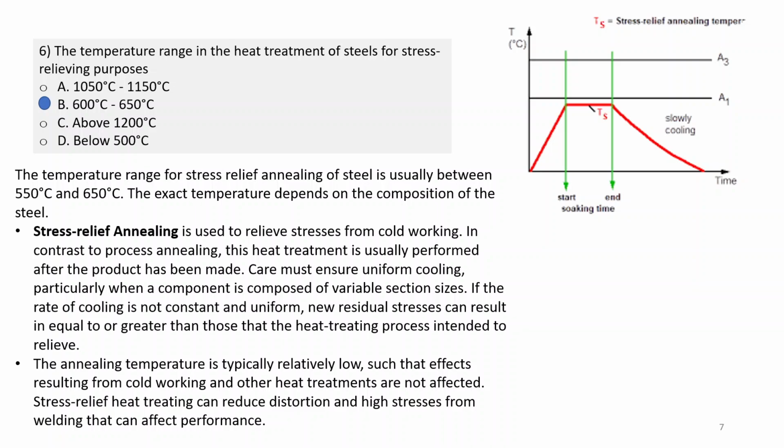In contrast to process annealing, this heat treatment is usually performed after the product has been made, and care must be taken to ensure uniform cooling, particularly when a component is composed of variable section sizes. If the rate of cooling is not constant and uniform, new residual stresses can result, equal to or greater than those the heat treating process intended to relieve.